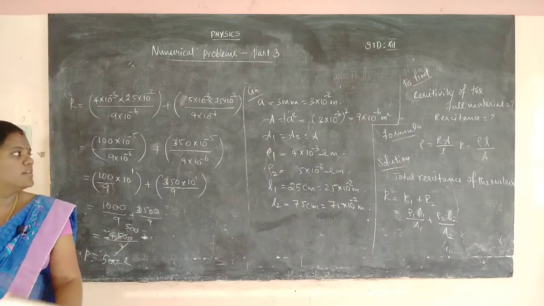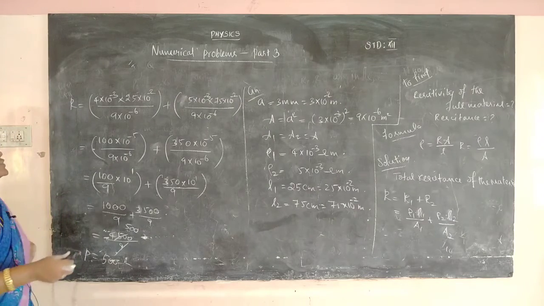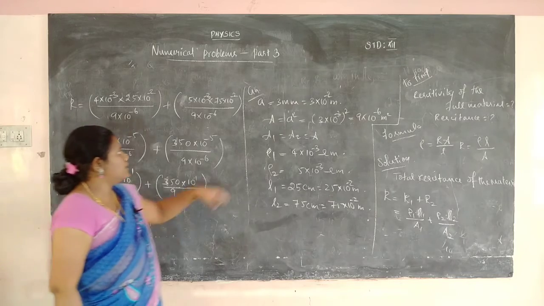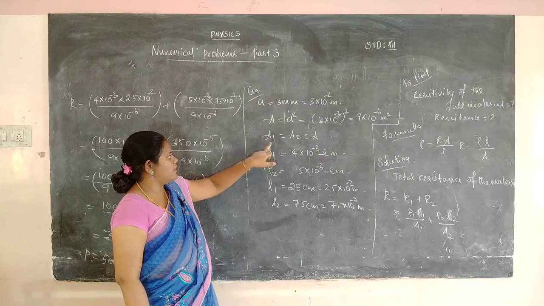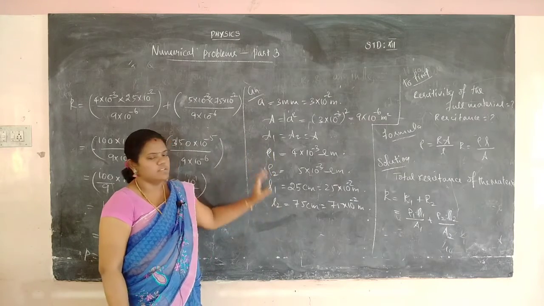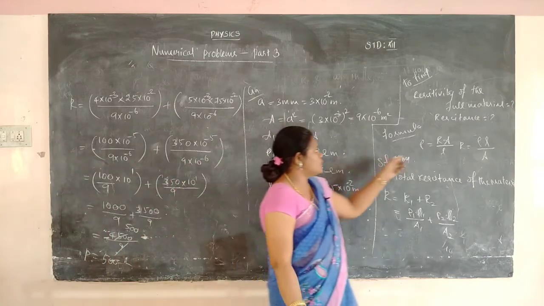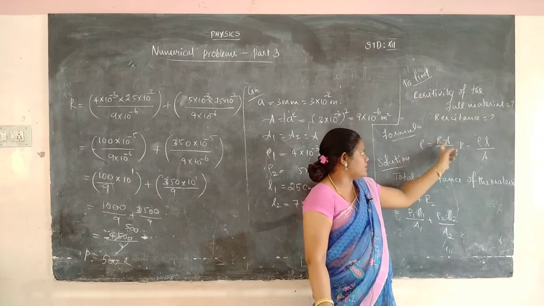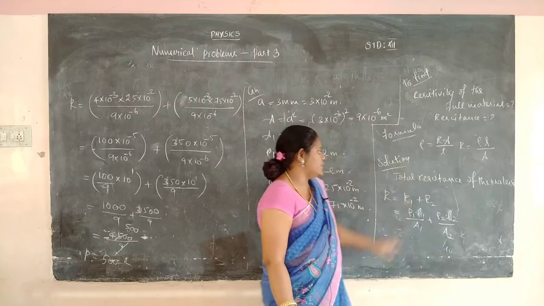How did you calculate it? First, write down the given values: the cross-section area A1, A2, rho 1, rho 2, L1, L2. Then what is the resistivity formula? Rho is equal to RA by L, so R is equal to rho L by A. Substitute the rho, L and A values.